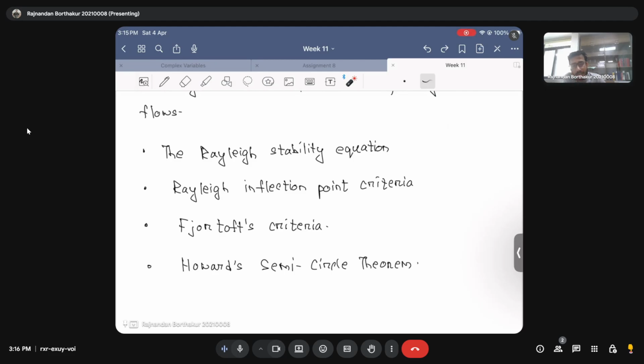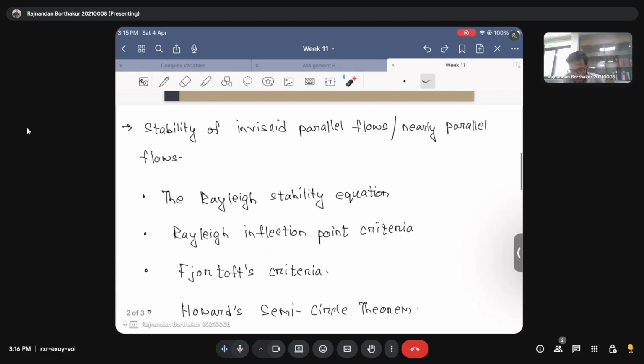We will see that it is not sufficient for assessing the stability of a given base flow, so we'll look into a stronger criterion, known as Fjortoft's criterion, and then also the Howard semicircle theorem to finish the assessment of the stability of a given base flow. Okay, so that's the idea.